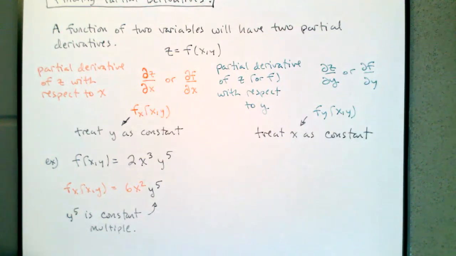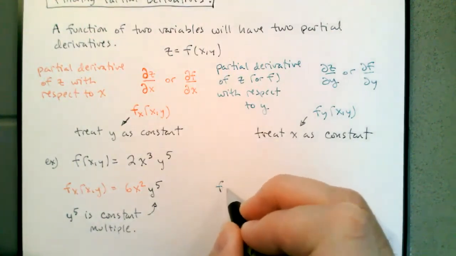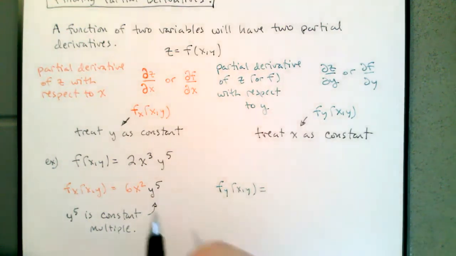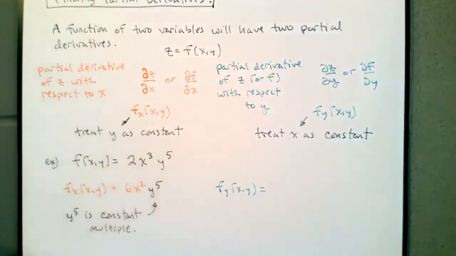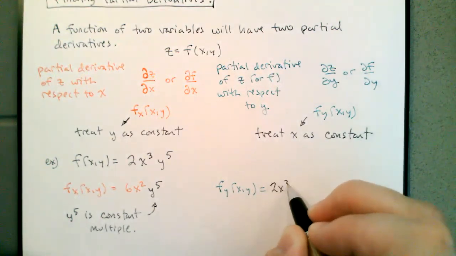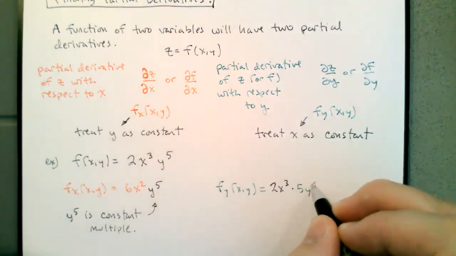We'll do the same thing if we want the derivative with respect to y. With fy at xy, the derivative of 2x cubed y to the fifth with respect to y, the 2x cubed is all constant. So 2x cubed, we think of that as being constant, and we multiply by the derivative of y to the fifth, 5y to the fourth.